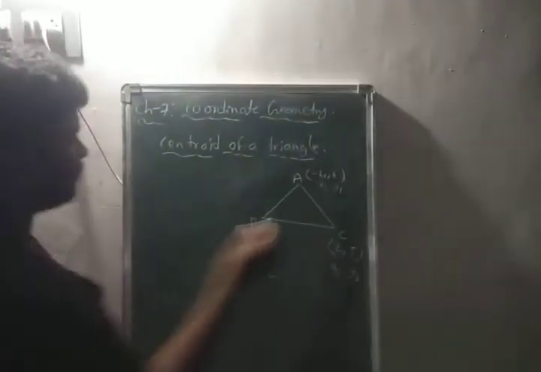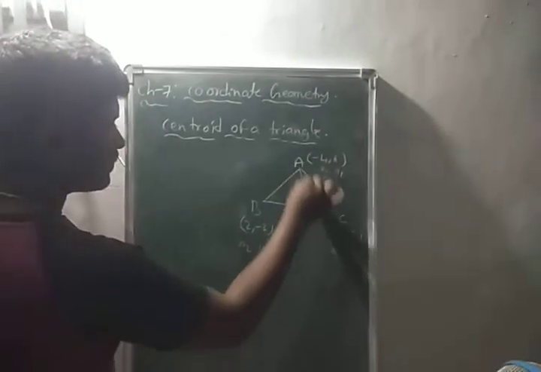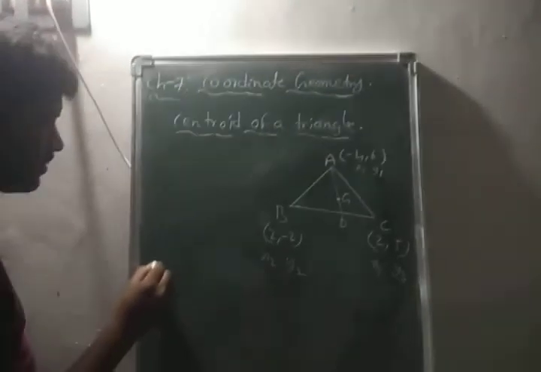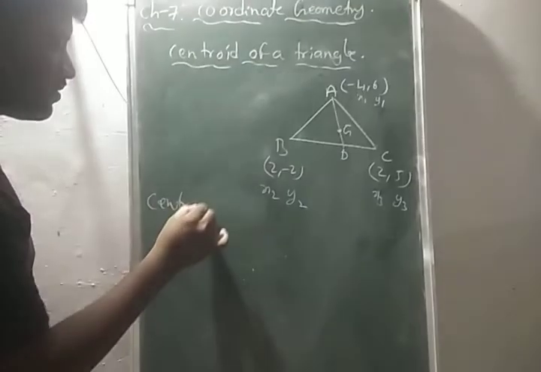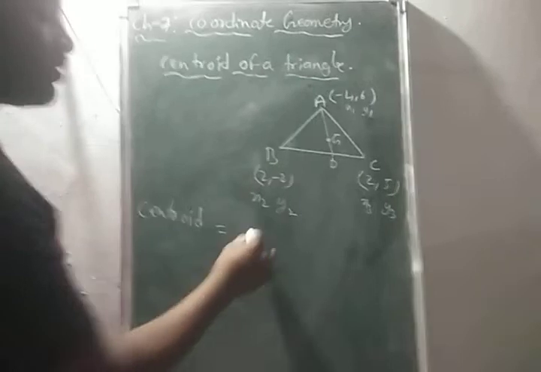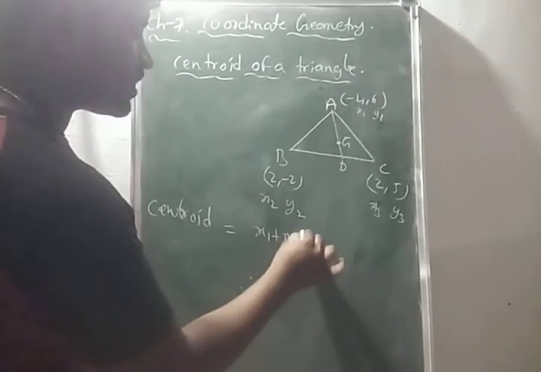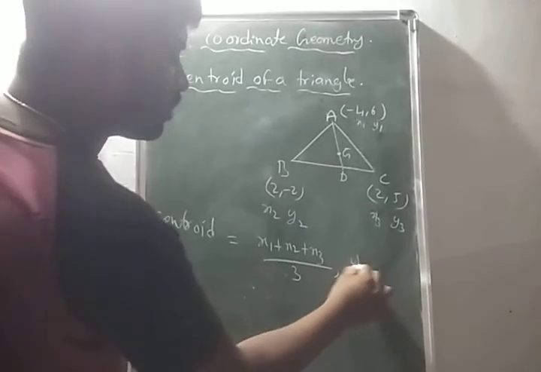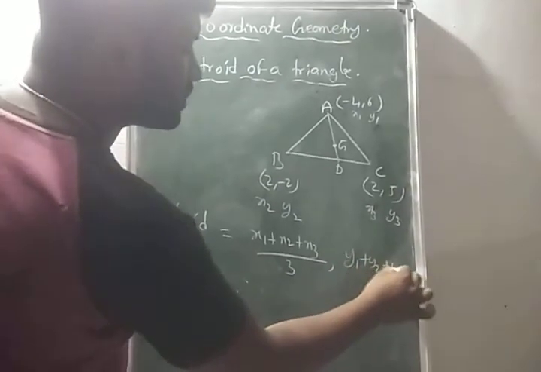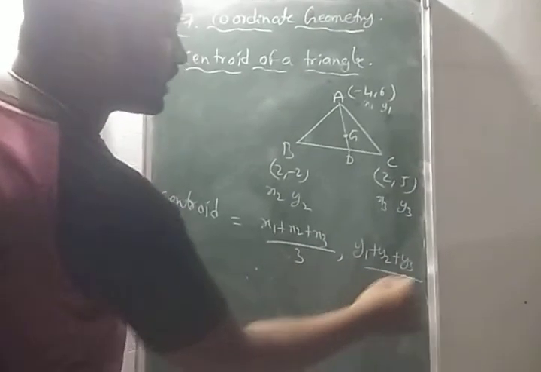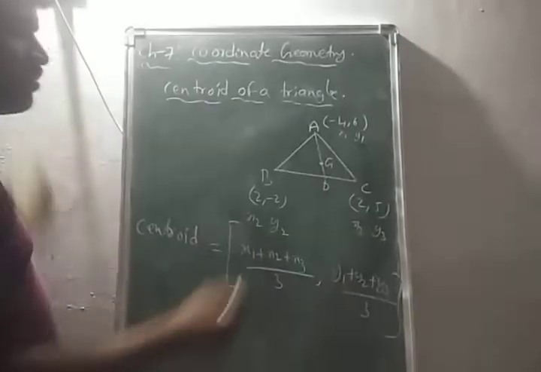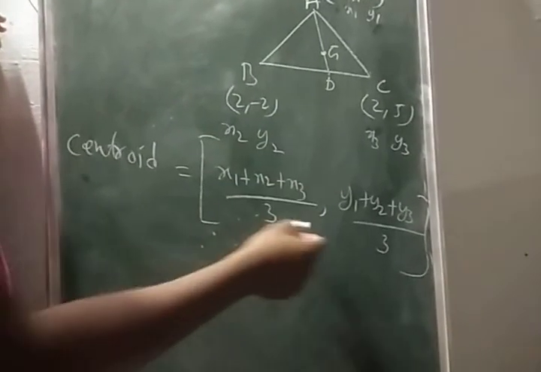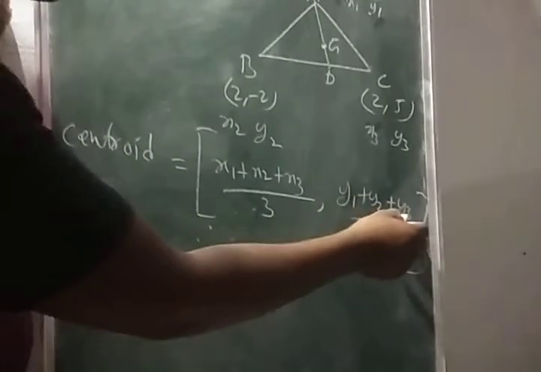The centroid G is equal to x1 plus x2 plus x3 by 3 comma y1 plus y2 plus y3 by 3. So this is the formula. What is the centroid formula, Nana? That is x1 plus x2 plus x3 by 3 comma y1 plus y2 plus y3 by 3.